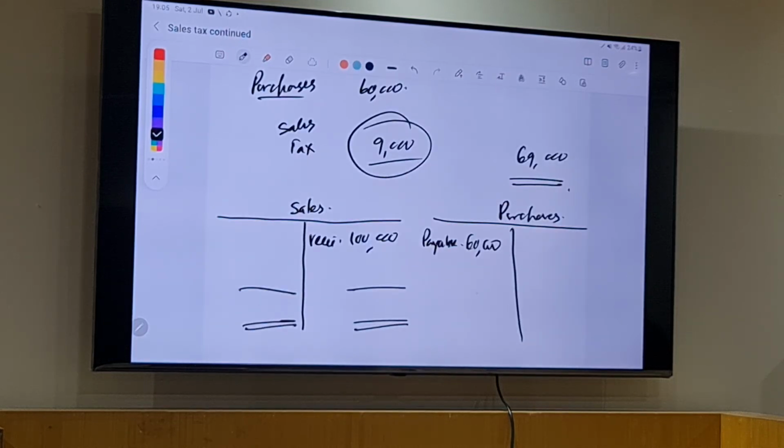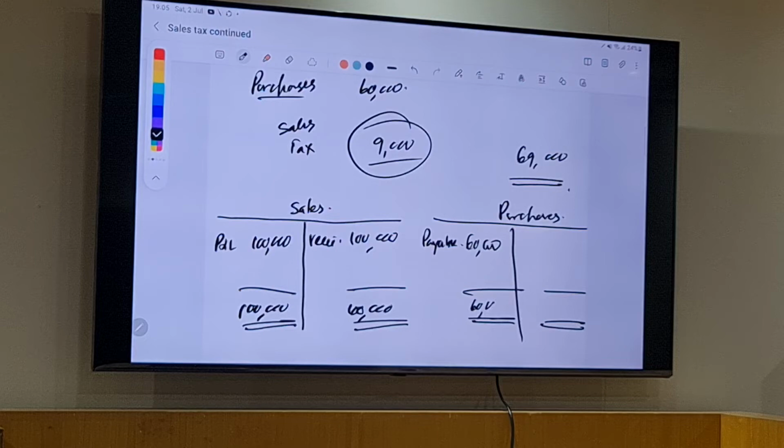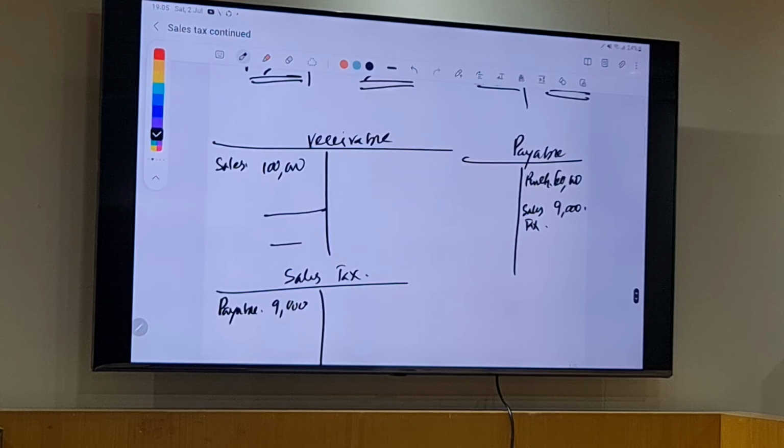You balance all. 100,000. This is P&L. 100,000. And then this one 60,000. And this will also go to P&L. 100,000.